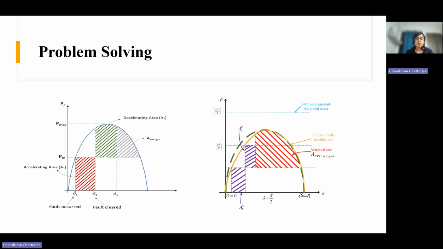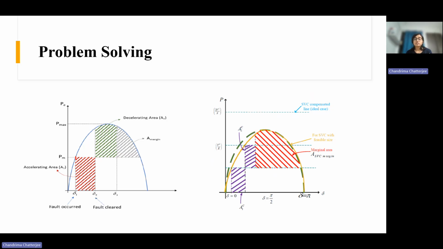Suppose this is the operating point where P mechanical is equal to P electrical. The mechanical power is the power that is provided to the generator, because you need to rotate the generator, and then at the output of the generator you get the electrical power.